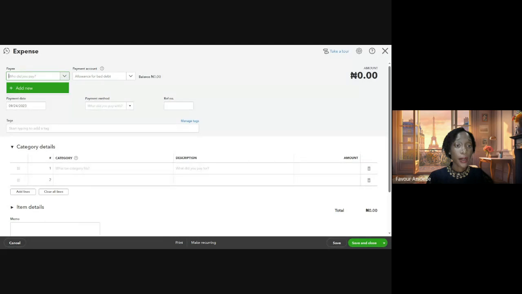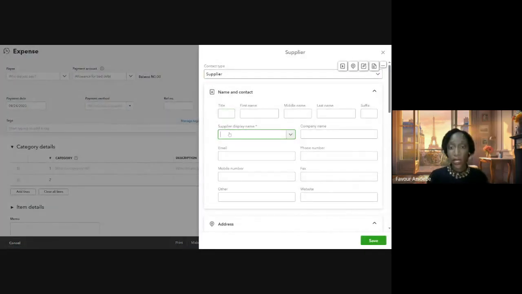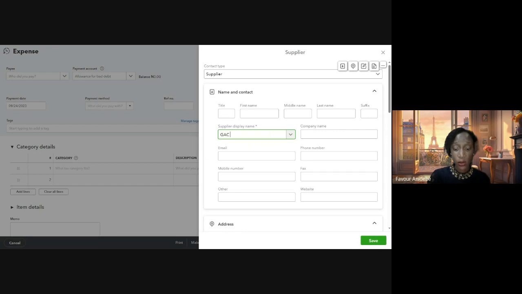So let's say the company name you bought the motor vehicle from is GAC Motors. You need to put in all this information so that QuickBooks can recognize it. So you just put in the information, email, phone number, and so on, and you click on save.